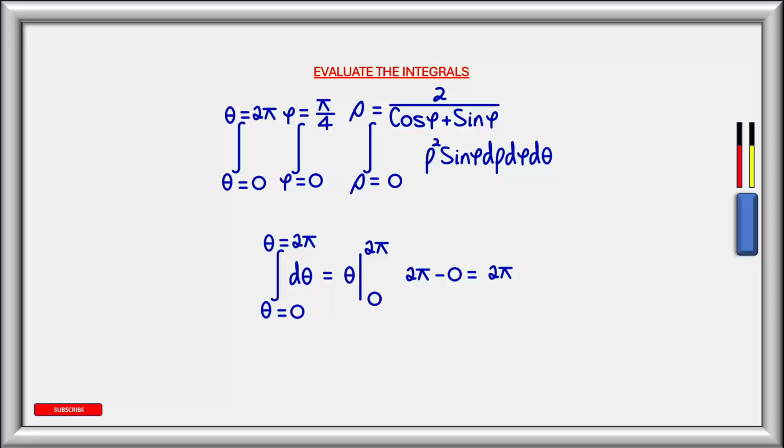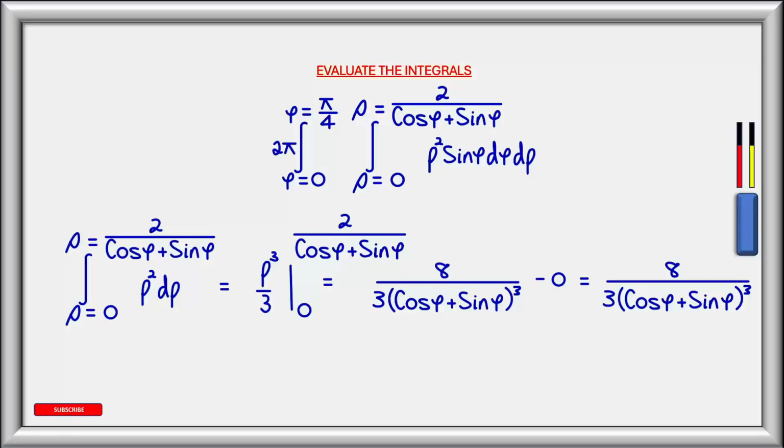Beginning with the outer integral to simplify things, we want to integrate from θ equals 0 to θ equals 2π dθ. Using the power rule to evaluate this gives θ, and plugging in the limits of integration, we have 2π minus 0, which equals 2π. And for the inner integral, we want to integrate from ρ equals 0 to ρ equals 2 divided by cos φ plus sin φ of ρ squared dρ.